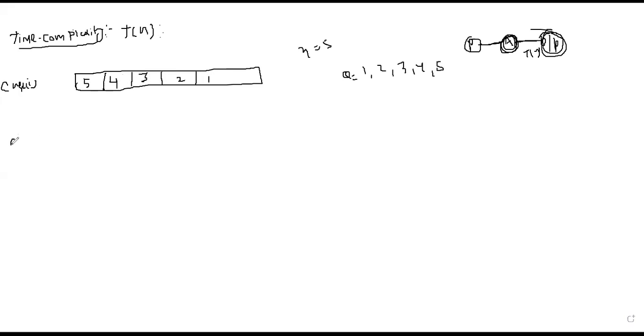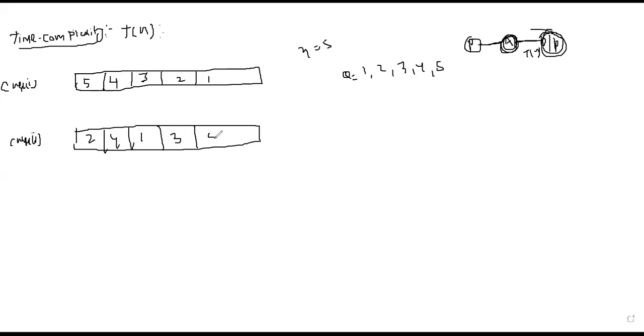Okay. Now I am giving another case. Same array size 5. Same elements 1 2 3 4 5, but now I slightly change the order, like 2 4 1 3 and 5.